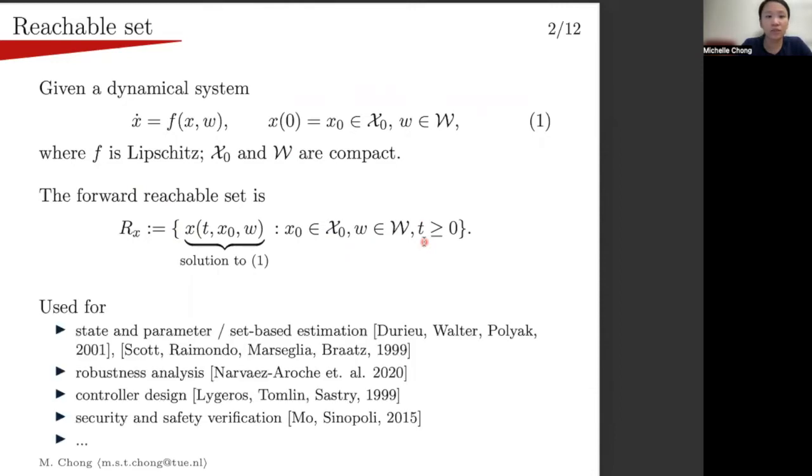Reachable sets have many uses, such as in state and parameter estimation and in set-based estimation, in the references denoted here. It's also used for robustness analysis, controller design, security and safety verification, and many more.